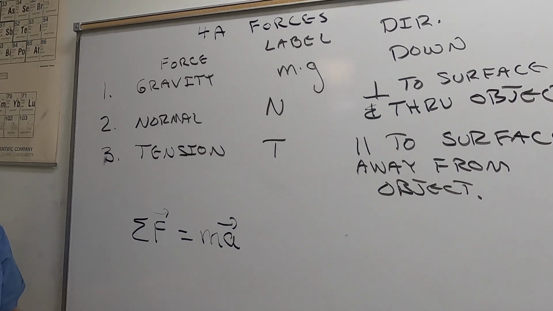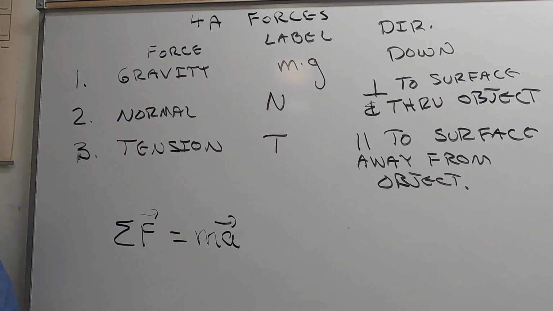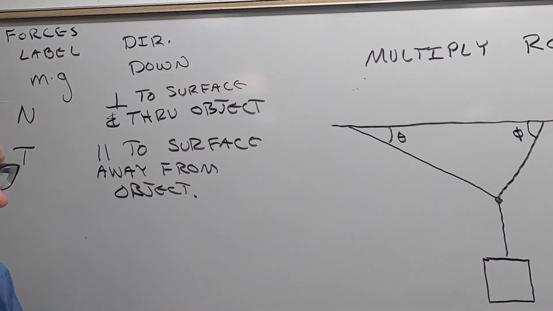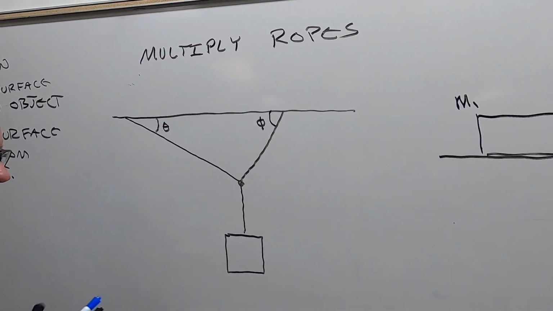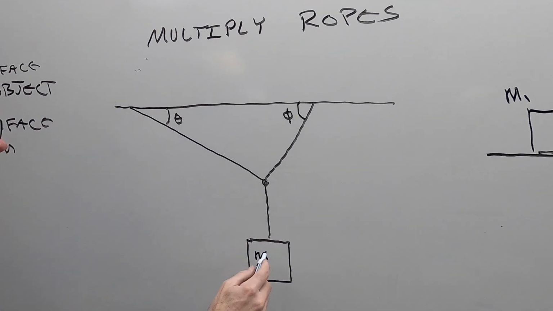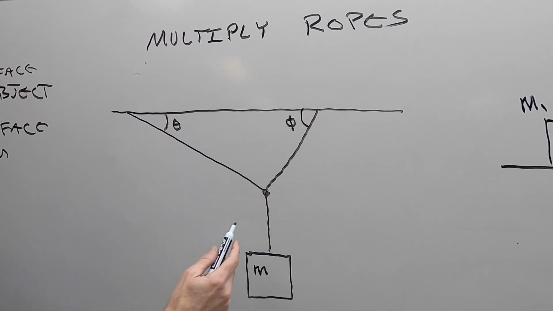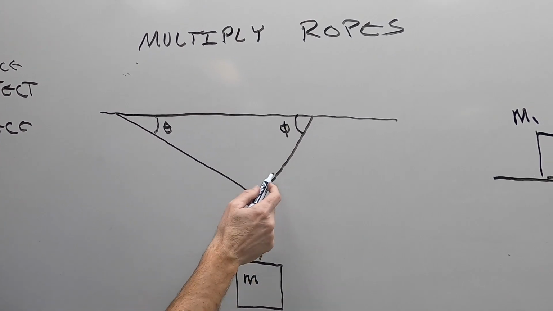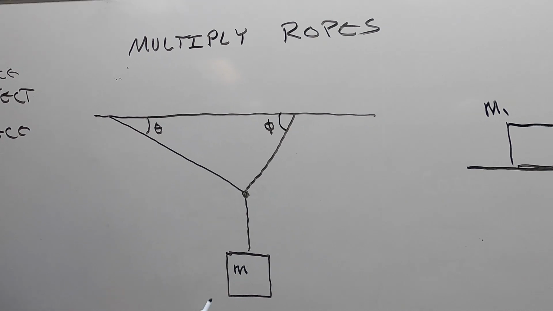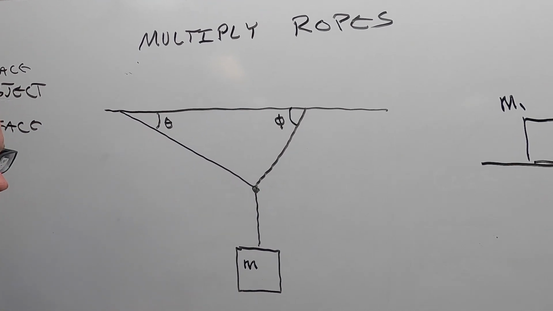So I just wanted to look at the rope again. What happens if you have multiple ropes? Here I have a drawing of a mass M tied to a string, which is tied to two other strings. Now, I don't think these are the same ropes. If they were, we would give them the same tension, but it looks like just three separate ropes tied to each other. So what do I need?